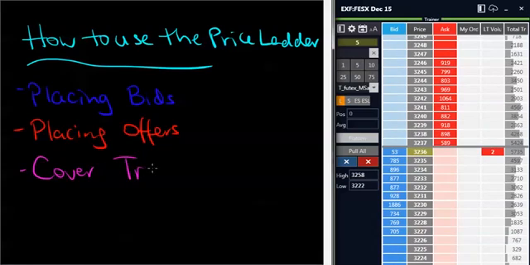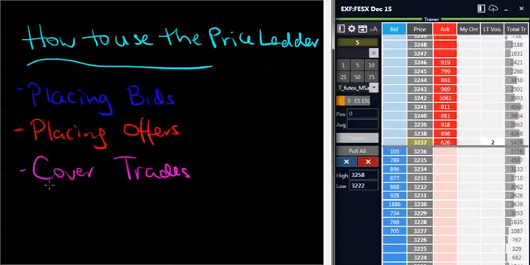When I say cover, it's a technical term for basically saying you'd like to get out of the trade. If you're in a trade, covering means you want to get out of the trade.